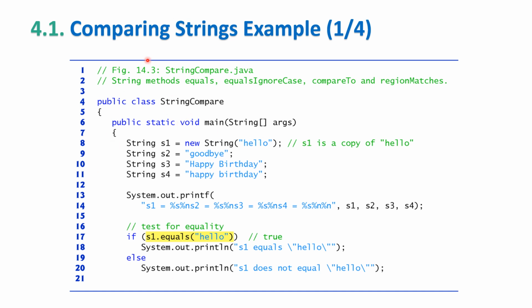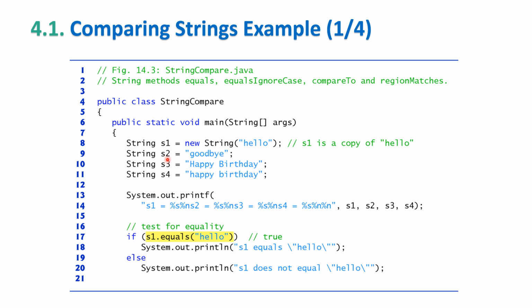This program, named StringCompare.java, demonstrates using string methods and using the equality operator to compare string objects for equality and relationality. In the first part of the program, it creates four string objects s1, s2, s3, and s4. String object s1 was created from the string "hello".